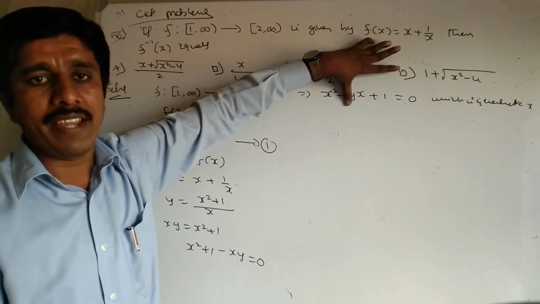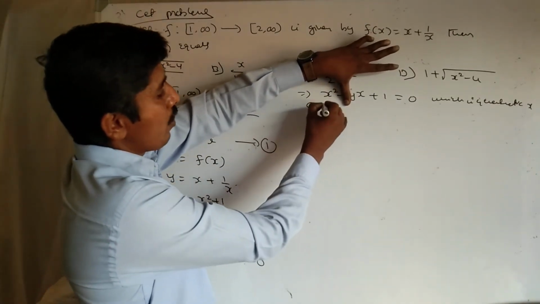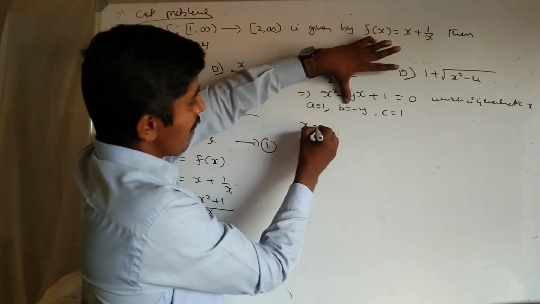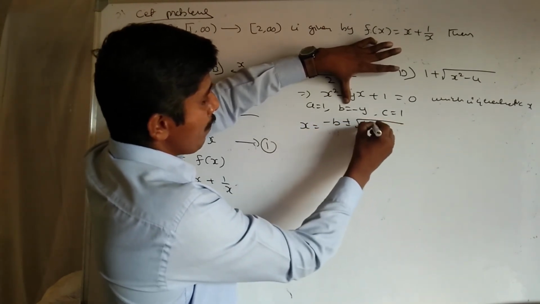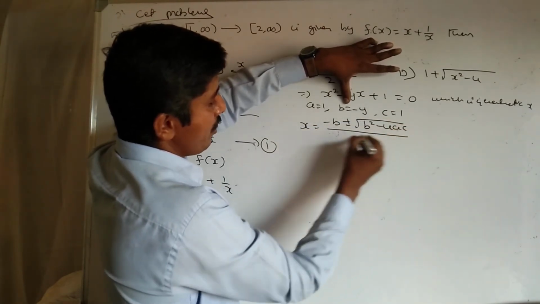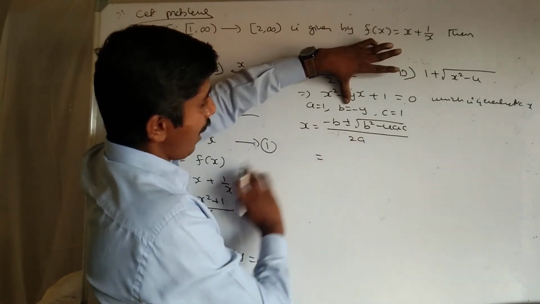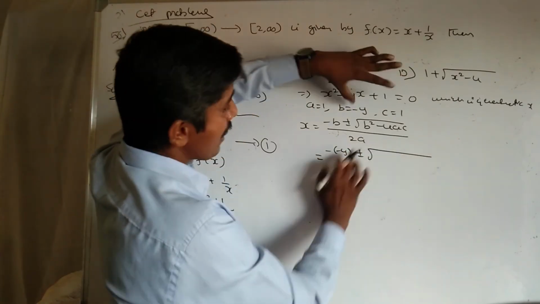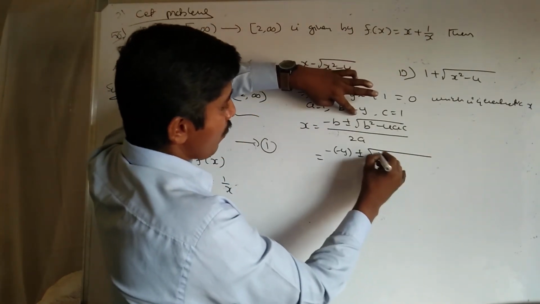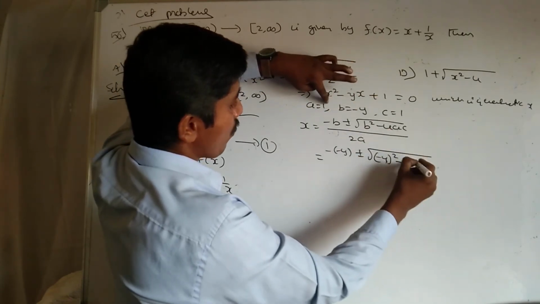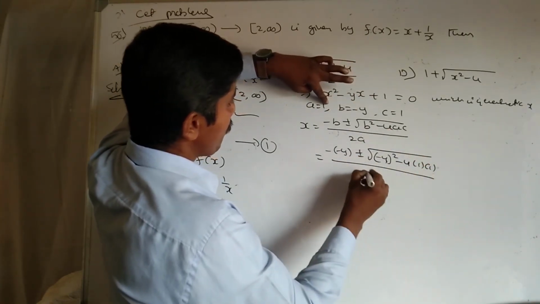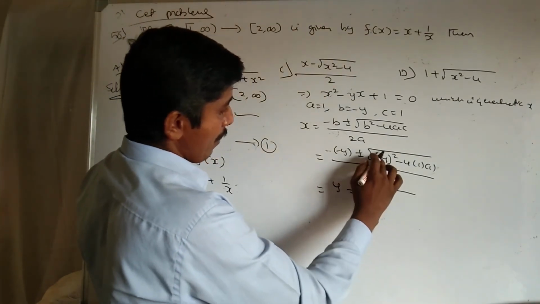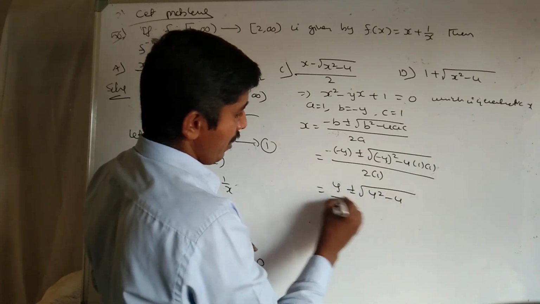Finding it directly is very difficult. Here the x square coefficient a equal to 1, the x coefficient b equal to minus y, and the constant c equal to 1. The formula: x equal to minus b plus or minus root of b square minus 4ac, divided by 2a. Substituting the a, b, c values, x equals y plus or minus root of y square minus 4, divided by 2.